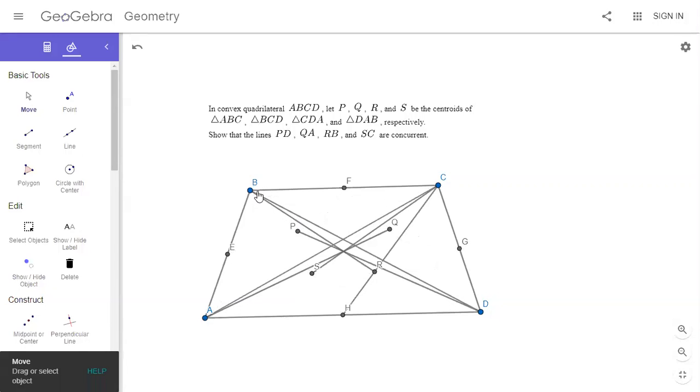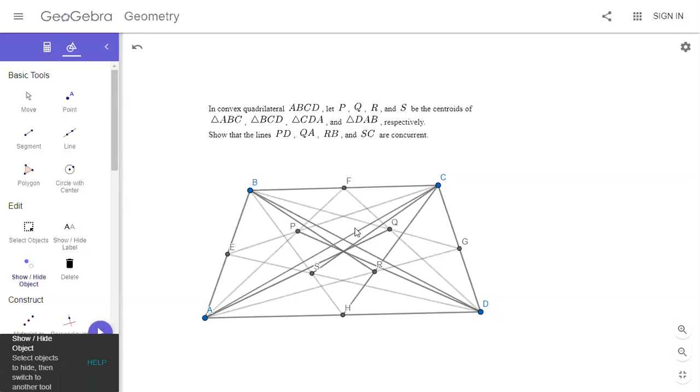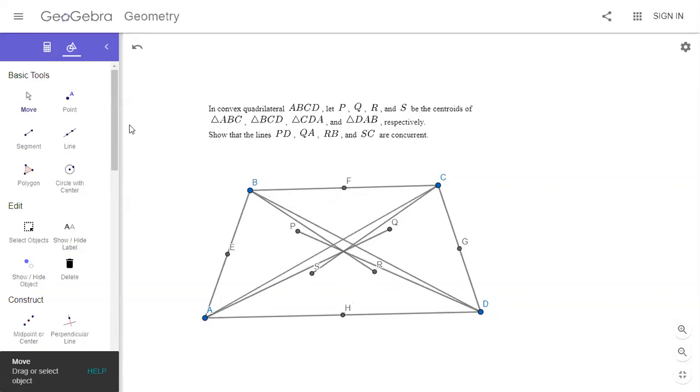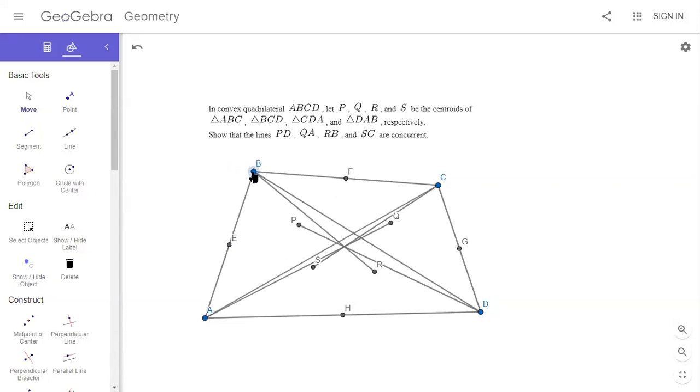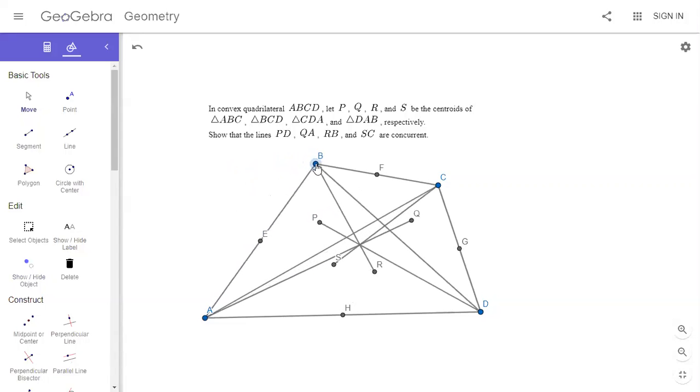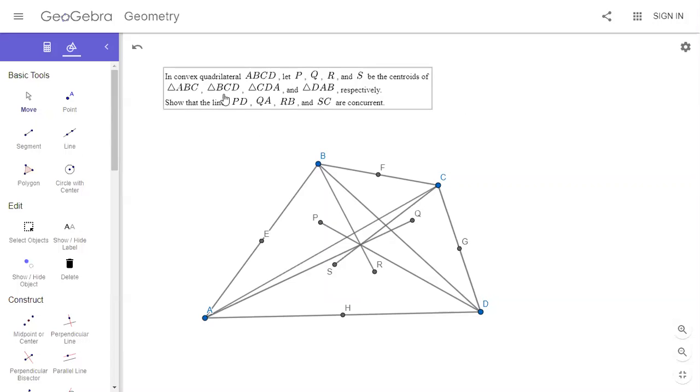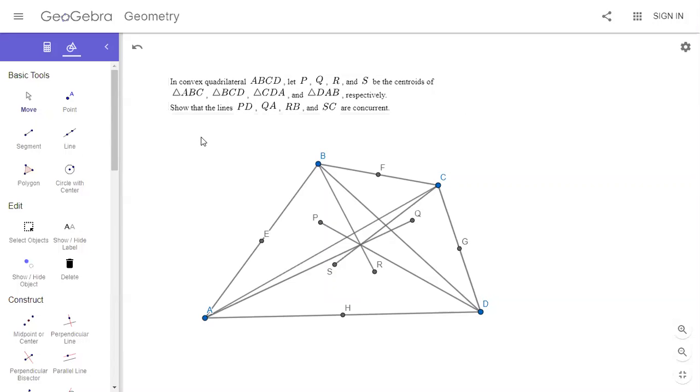If you are able to work on only one side of the figure, we could hunt for P or Q or R or S. If we concentrate on one side, it is quite easy, because the figure is complicated.